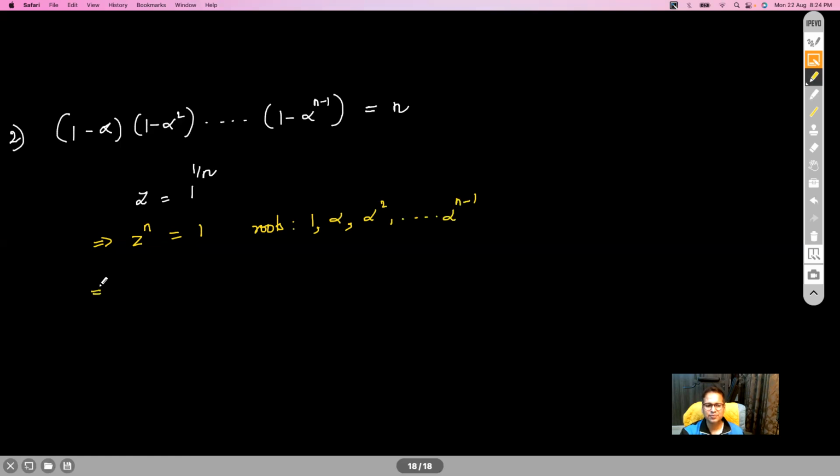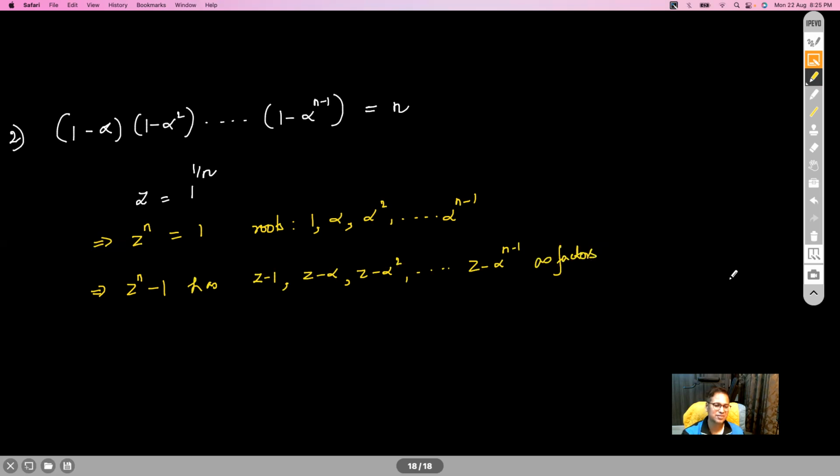That means z to the power n minus 1 can be factorized as, or let me say this expression has z minus 1, z minus alpha, z minus alpha square, etc. as factors. So these are the factors of this expression.